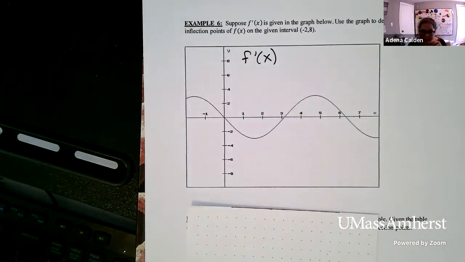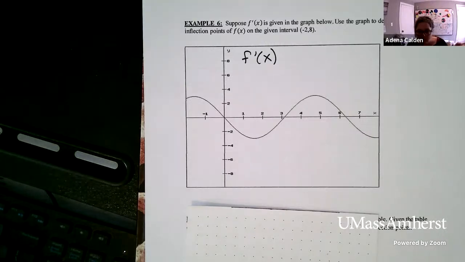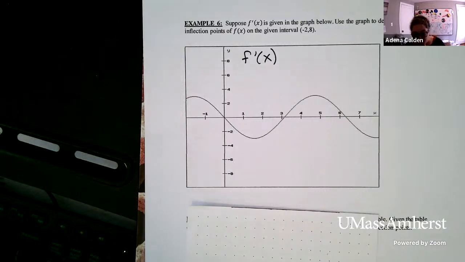There are a lot of things happening here that we have to think through about how we might use this first derivative to give us information about the second derivative, to then link back to the original function in terms of inflection points. This is really about the analysis of it all.